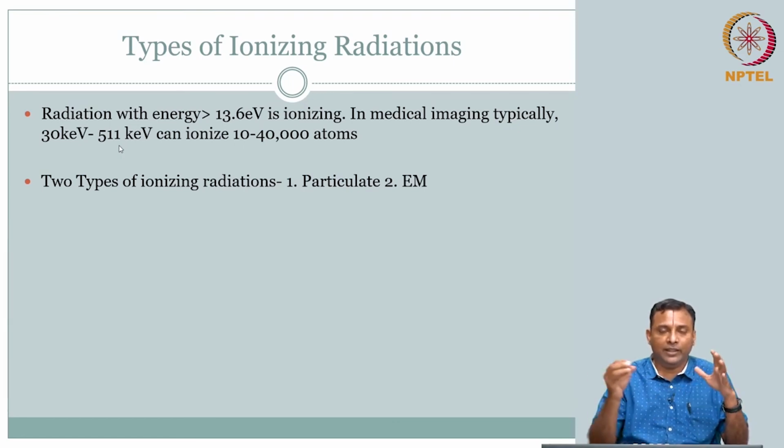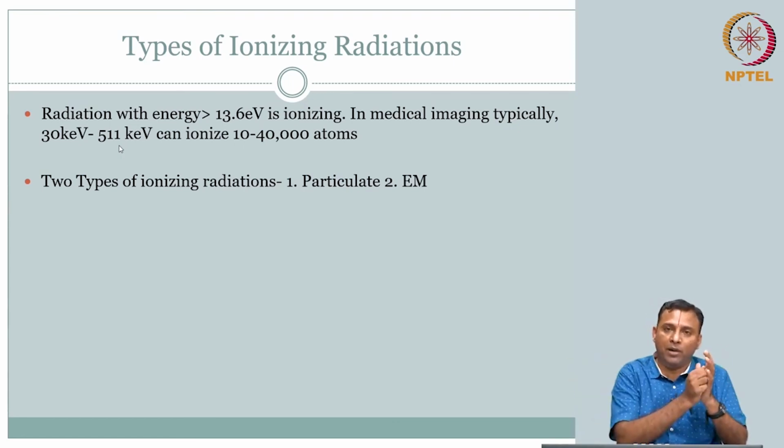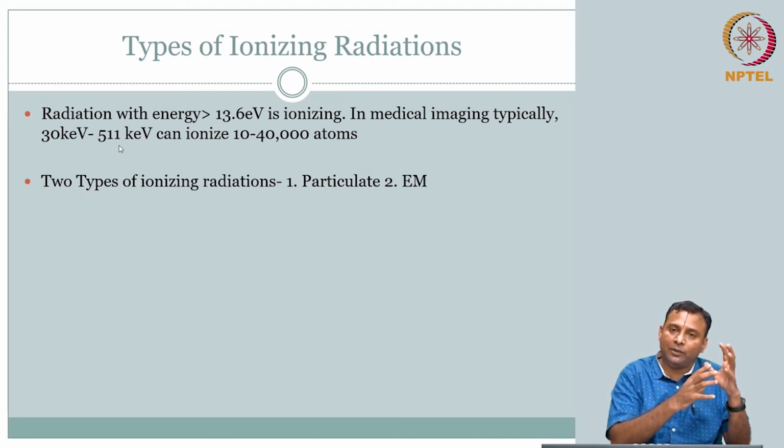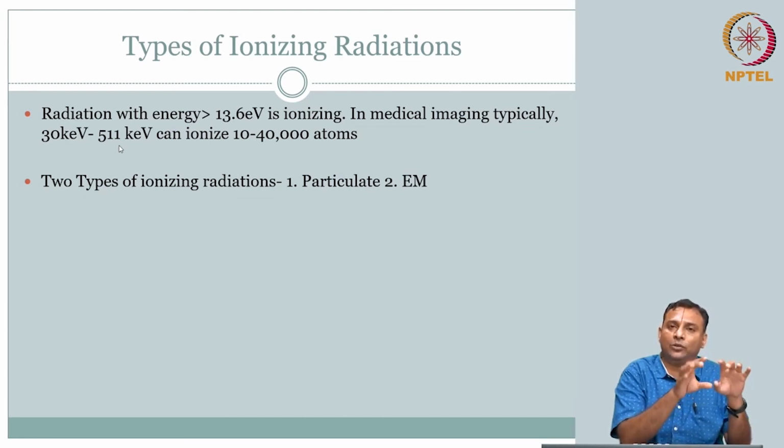So, when the tungsten in the previous example is bombarded, so many atoms are ionized, then the atoms will try to go back to their ground state, thereby giving out energy, and that energy comes out in the X-ray range. That is why it is an X-ray tube.